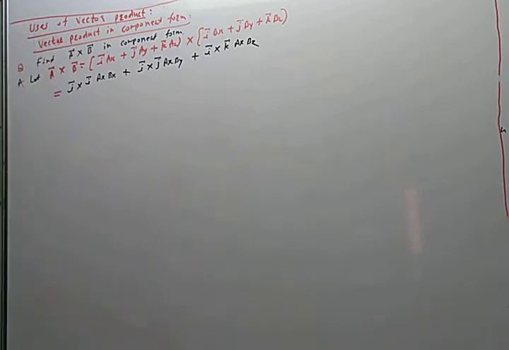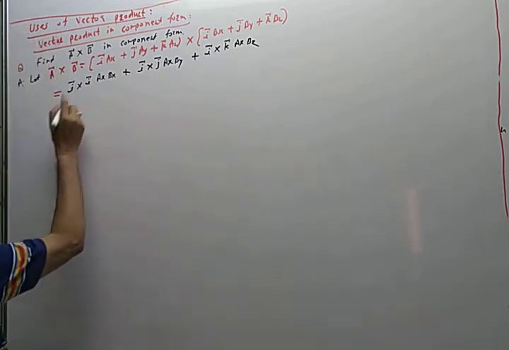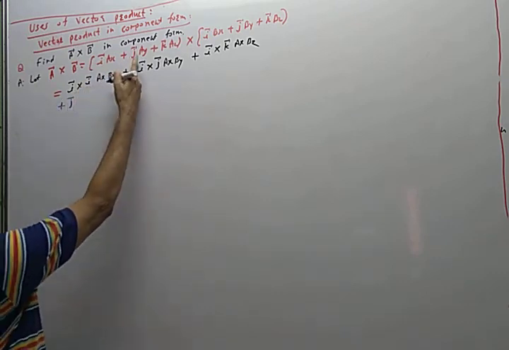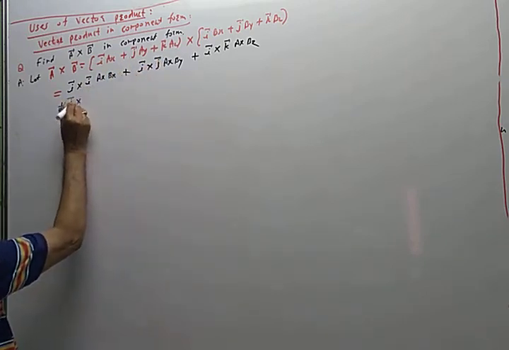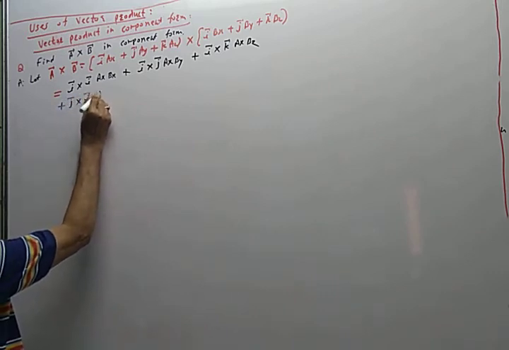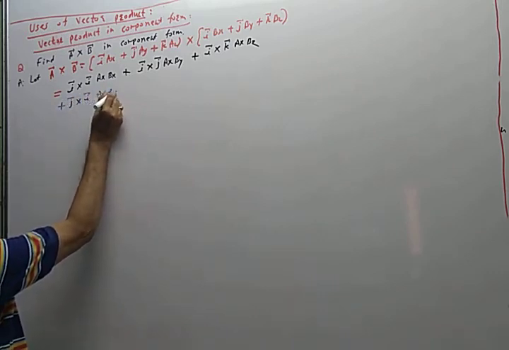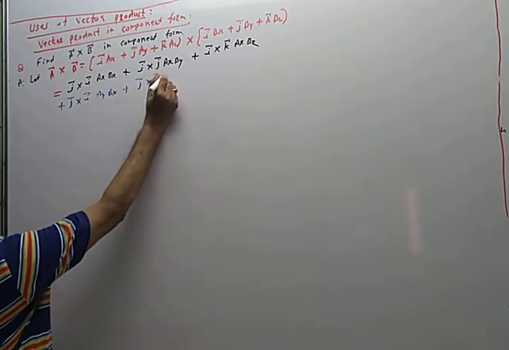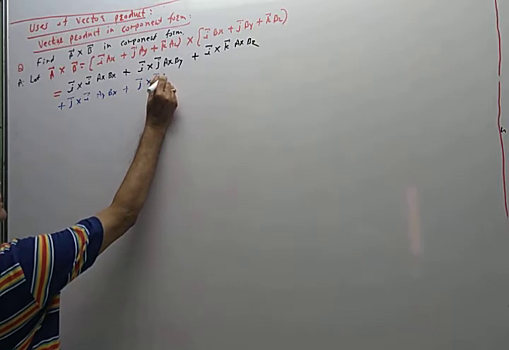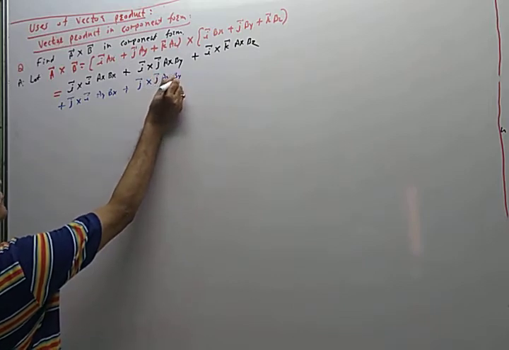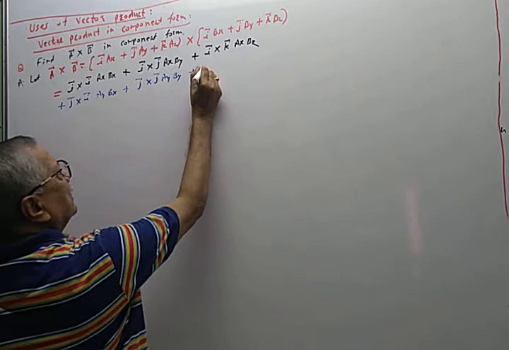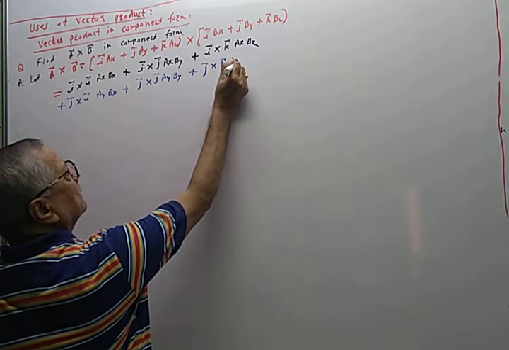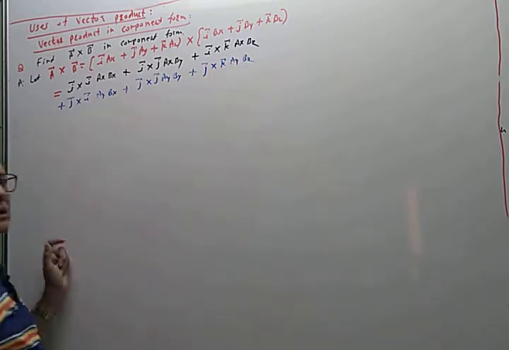Now the second 3 terms of j are plus j cross i Ay Bx, plus j cross j Ay By, plus j cross k Ay Bz.